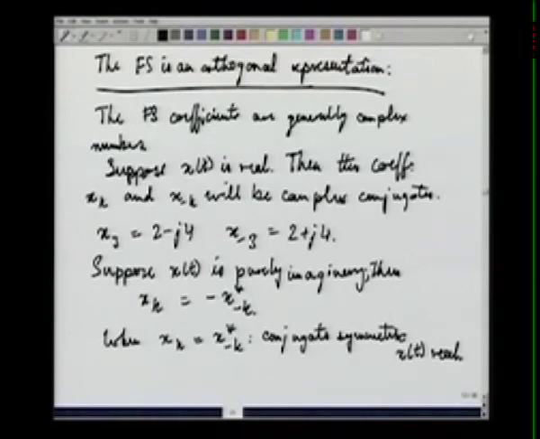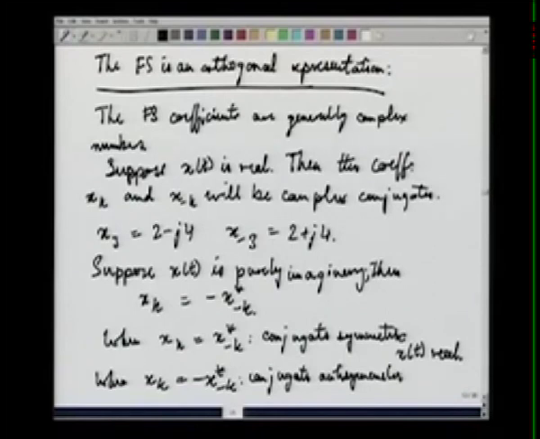On the other hand, when x k equals minus x star of minus k, we say that they are conjugate antisymmetric. And this corresponds to the case of x t imaginary. Fine.